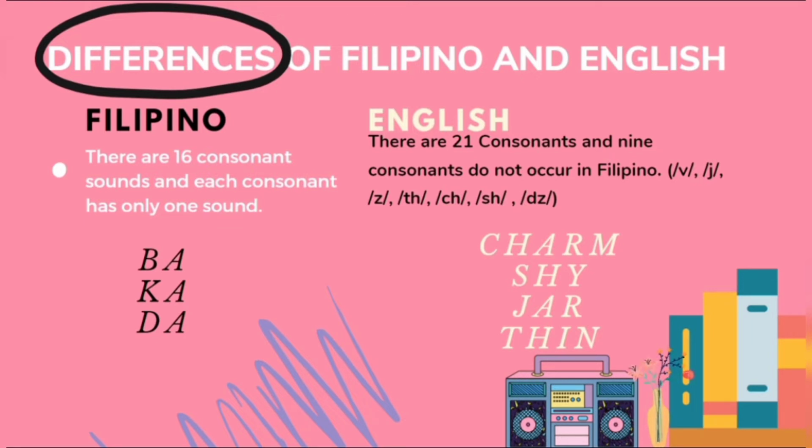These are all sounds that do not occur in Filipino. So you see, that's why Filipinos are really having a hard time studying English, because we learn 16 consonants and we don't know about the other 9 sounds. For example, in Filipino, the sounds of B, K, D. In English, we have these sounds like charm, shy, jar, thin.